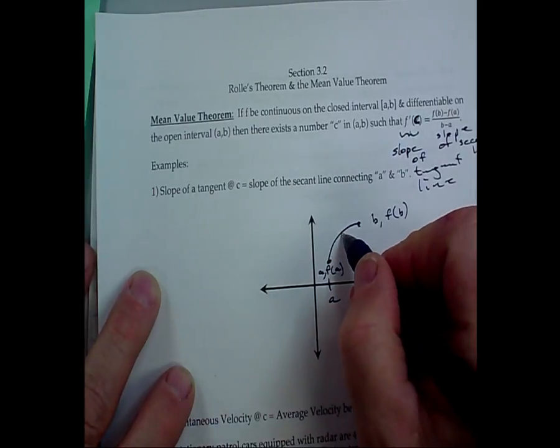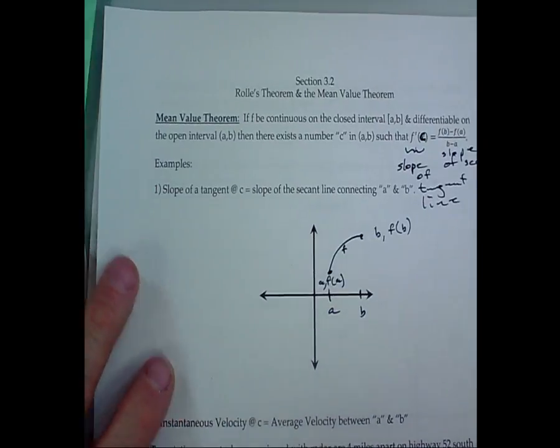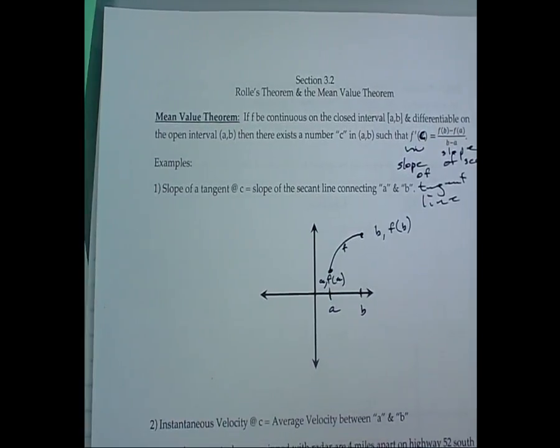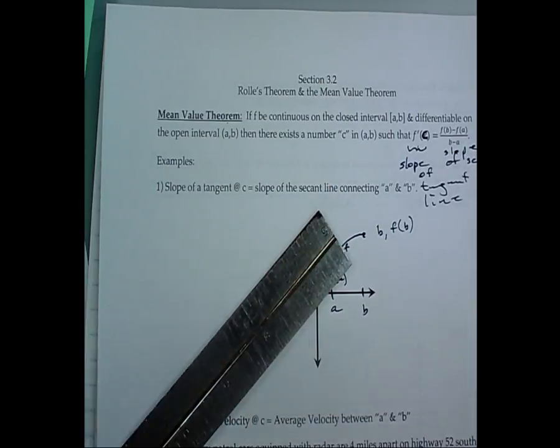That's F. That's my function f and how it goes through A and B. And I'm going to draw a line. I'm going to connect the dots, just like I did when I was a kid.